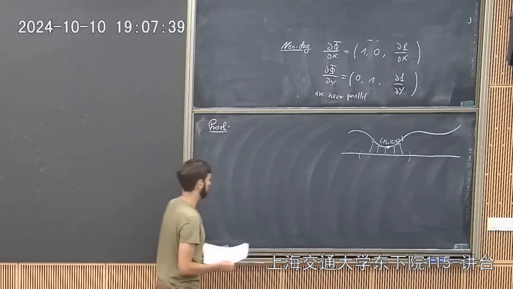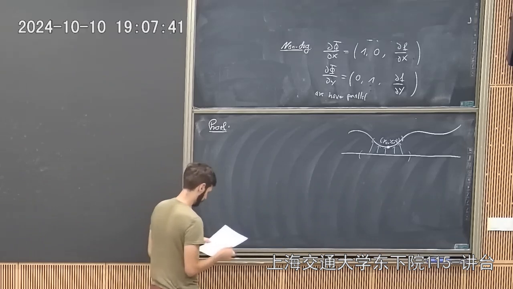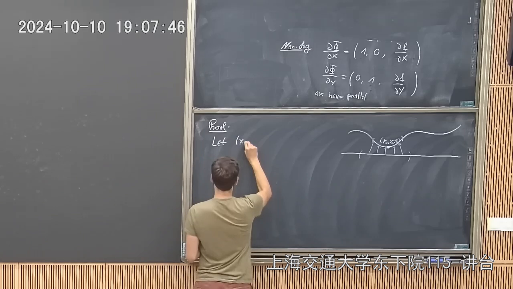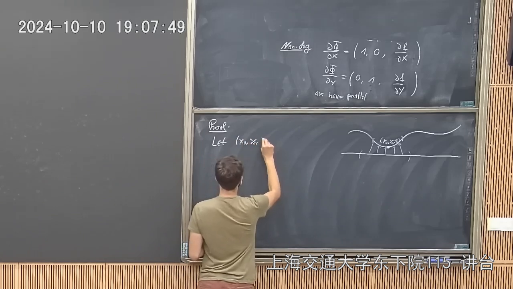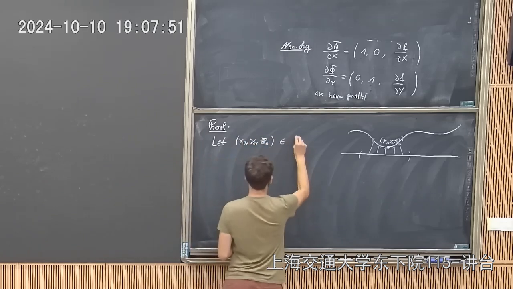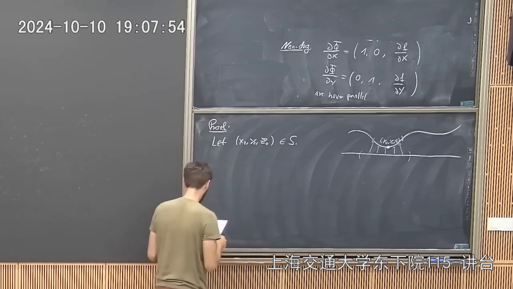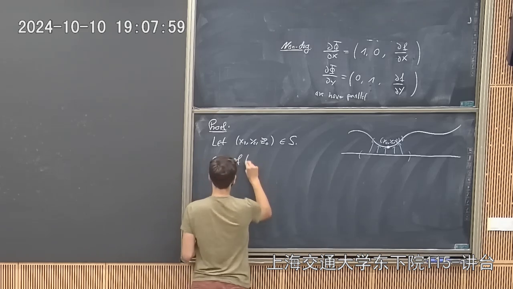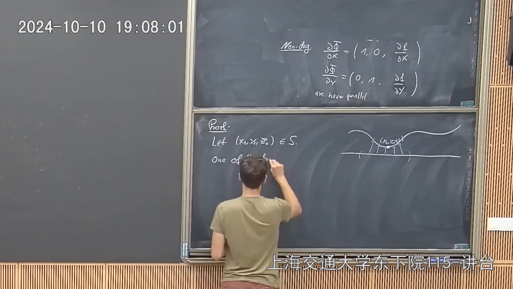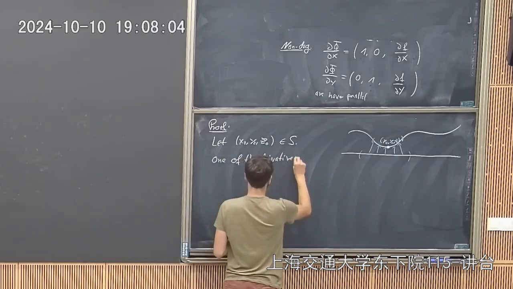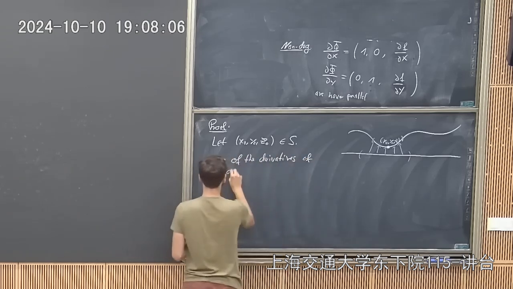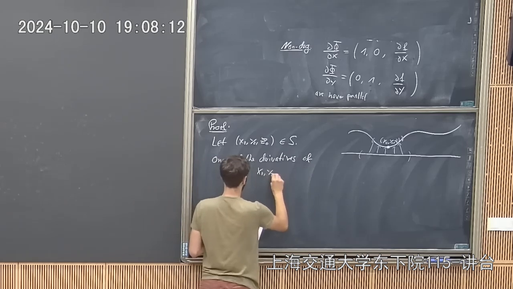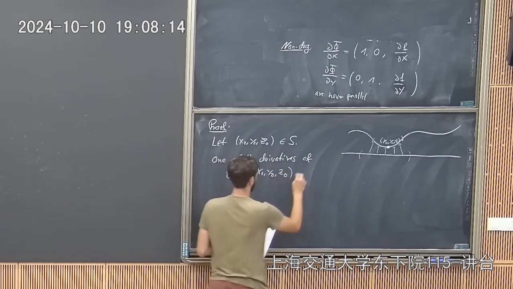So that's in some way what we have to do. So we choose some arbitrary point on the surface, and at least one of the derivatives of G at that point is not zero.